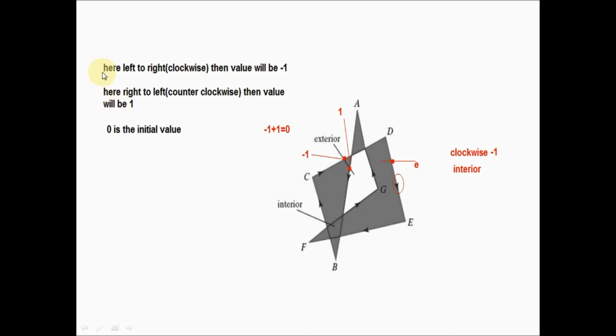Getting, guys? From left to right, clockwise, the value will be -1. From right to left, counterclockwise, the value will be 1. And remember one more thing, the initial value of the winding number is 0.